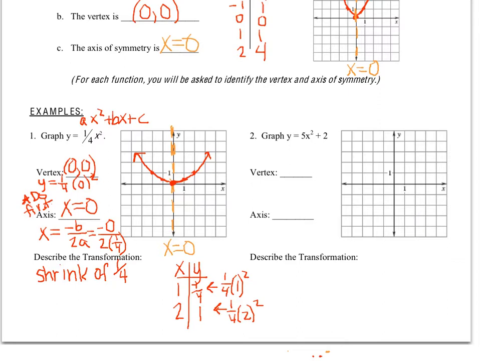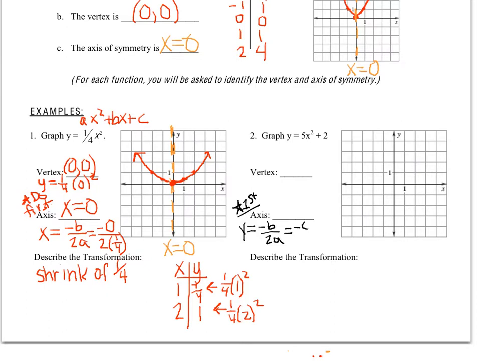It says graph y equals 5x squared plus 2. So remember, we're going to do first the axis of symmetry. So it's x equals the opposite of b over 2a. And my b, if you remember here, b is what's in front of the x. There's no plain x here, so b is 0. My a is the number in front of the x squared, and that's 5 right here. So we know that b is 0.